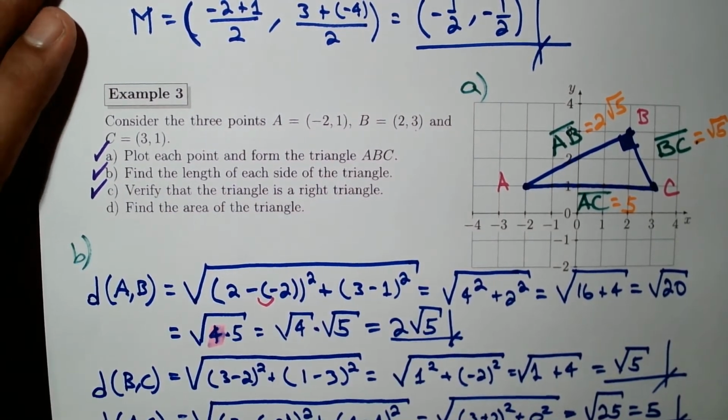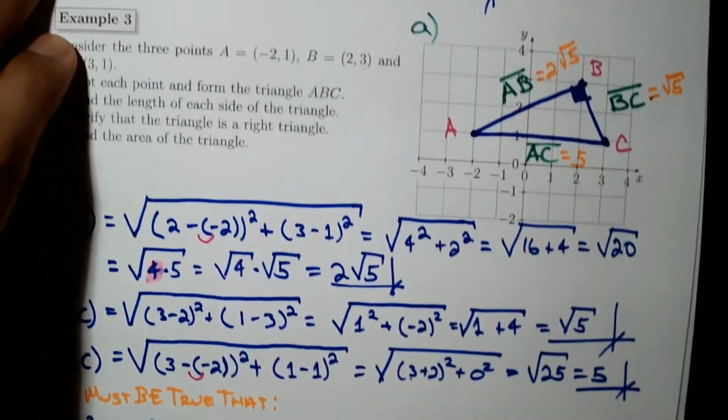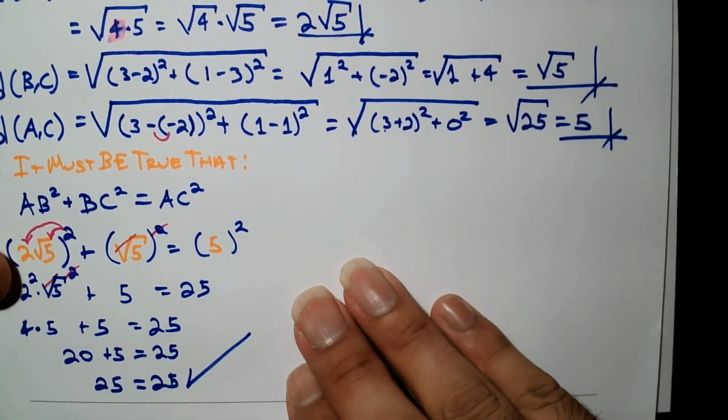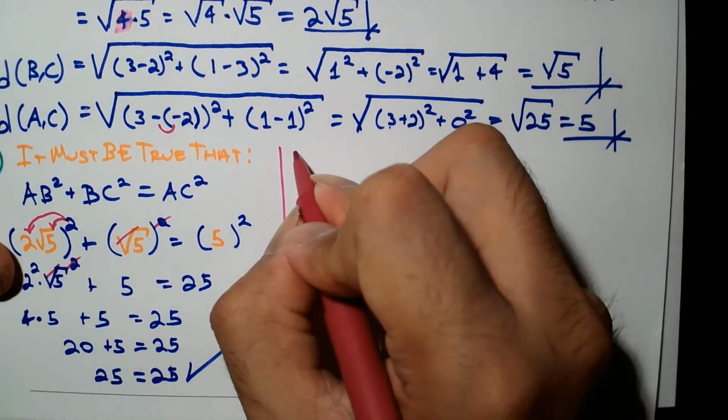Now let's do part D. Find the area of the rectangle, of the triangle rather, not the rectangle. All right, how are we going to do that?